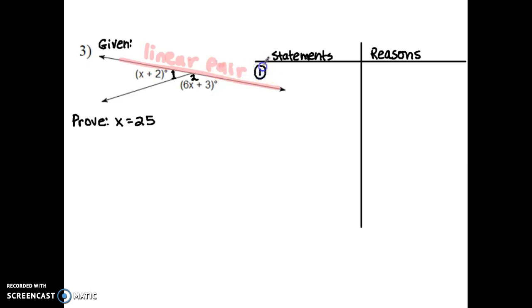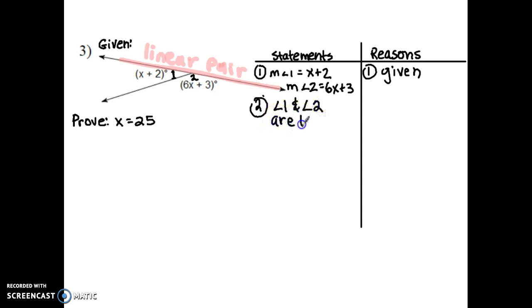I also know in my picture that the measure of angle 1 equals x plus 2, and the measure of angle 2 equals 6x plus 3, so that's given. I know in my picture that's a linear pair, so I know that angle 1 and angle 2 are linear. That's given in my diagram.